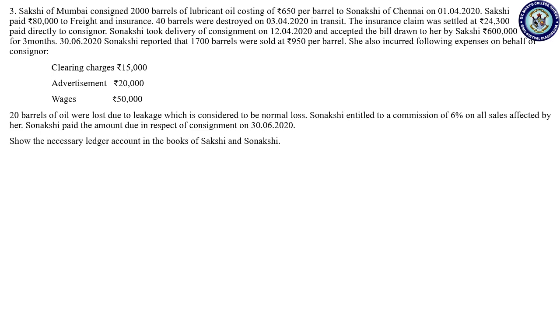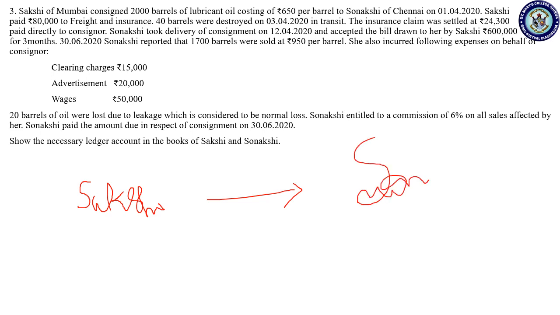So Sakshi is the consignor and Sonakshi is the consignee. You need to know who is consignor and who is consignee because you have to prepare the ledger records, right?